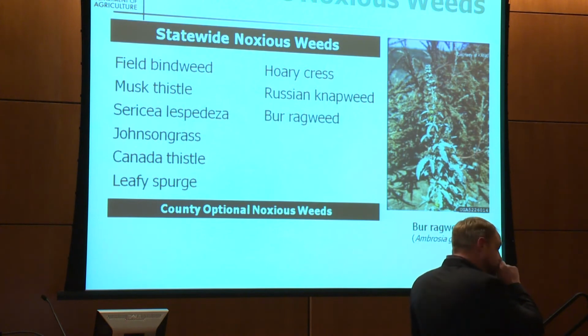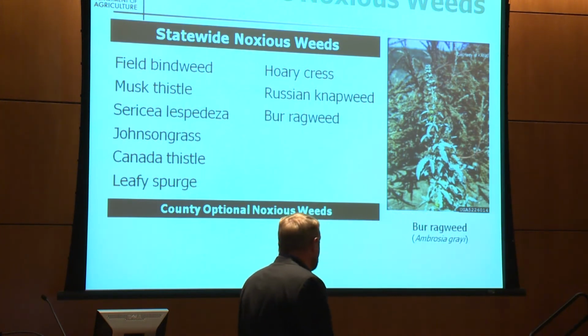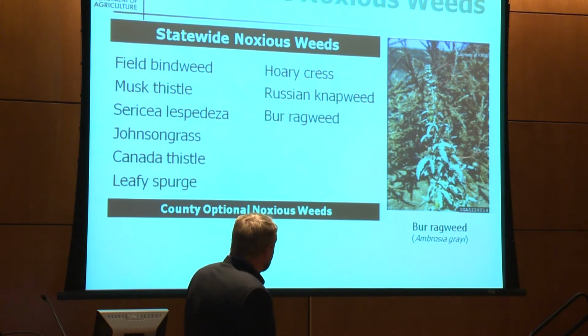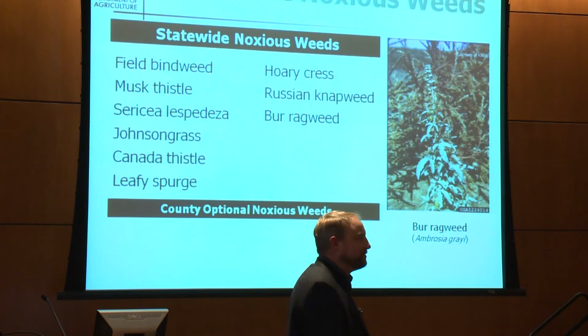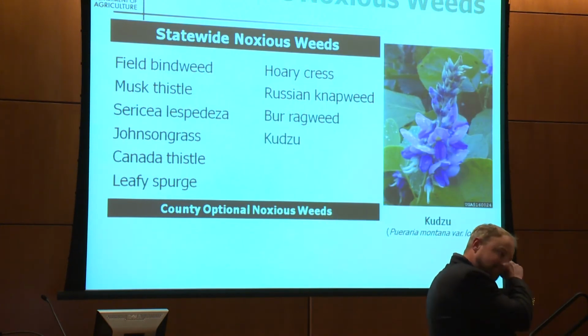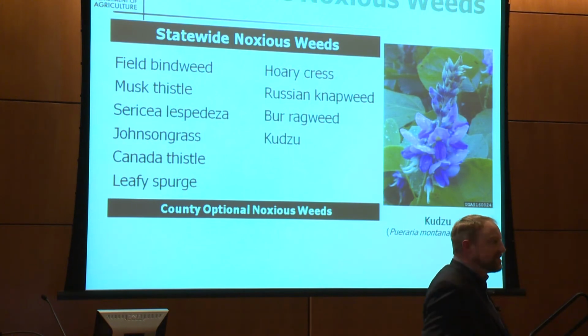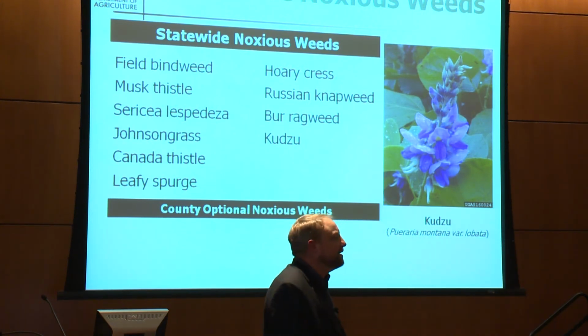Burr ragweed, one of 2 native species on our list, because although they're native, they do tend to take over and crowd out other species. Kudzu, famous kudzu, famous to the southeast. If you've ever been down there, you know the damage it can do.